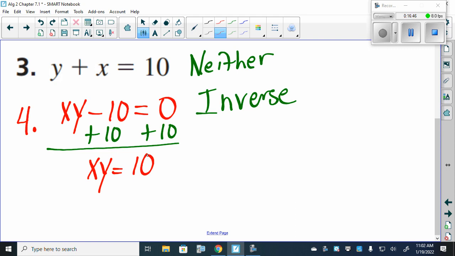We can also kind of have an understanding that a is not 0, because by definition, for inverse or direct variation, a cannot be 0. So x times y minus 10 equals 0 really doesn't work because a cannot be 0. We move the 10 over. Now we do have it in the form of x times y equals a, and it does work as an inverse. So really, x and y cannot be split up with a plus or minus.